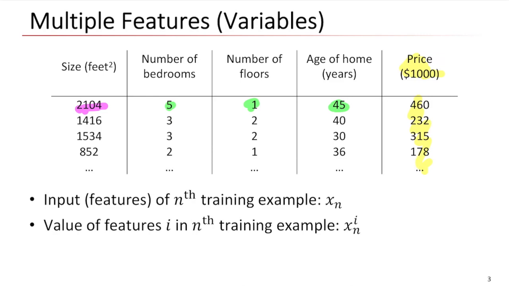Considering all of the features to predict the price of a house would be much more accurate than only considering a single feature, right? Because we have more information than with the single feature. That's why we introduce multiple features or multiple variables.